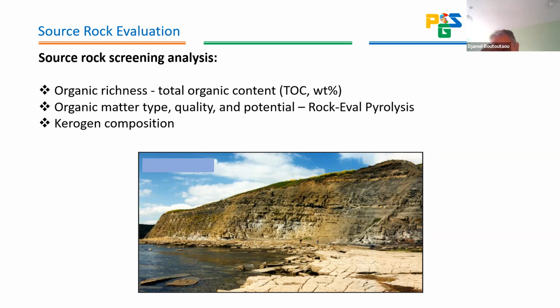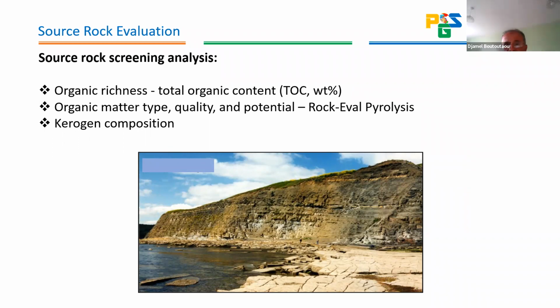What we do when we do source rock evaluation is we want to identify whether there is a source rock in our well, for example, or in our basin by looking at outcrops. When we collect outcrops or subsurface samples, the first thing we want to know is, do we have a source rock there?